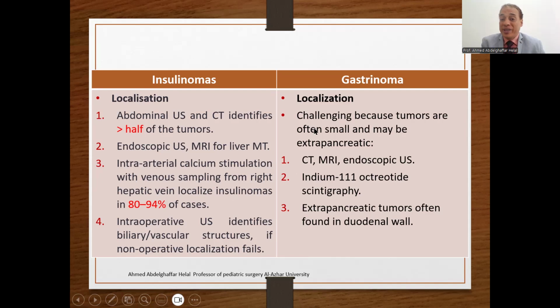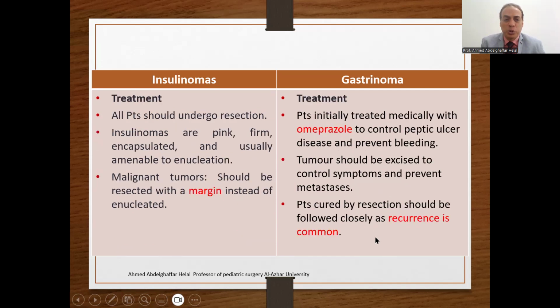In gastrinoma, the identification is more challenging because the tumor is often small and may be extrapancreatic. CT, MRI, octreotide scintigraphy; extrapancreatic tumors are often found in the duodenum.